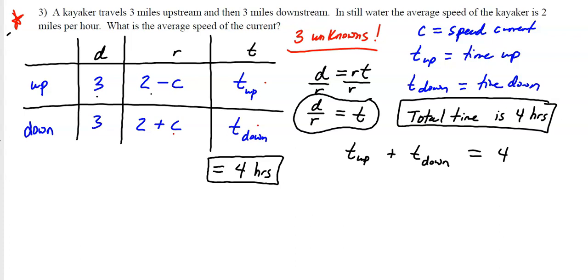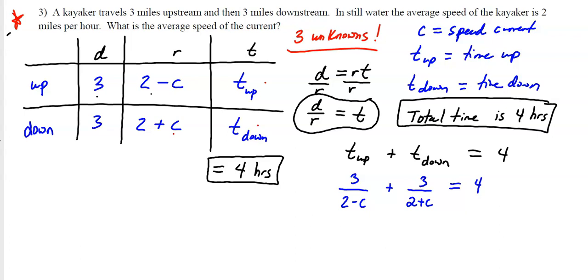So I'm going to have 3 over 2 minus c. And then we're going to add to that the time going down, which is the distance over 2 plus c, has got to equal 4. Well, what we have now is one of these rational equations that we need to kind of work out. And what I need to do is find the least common denominator.